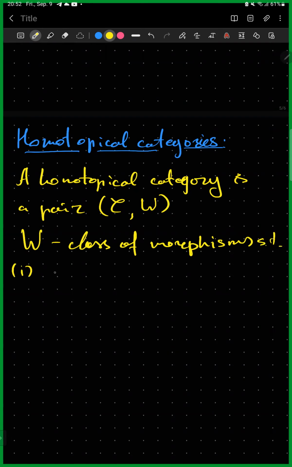Well, first of all, W should contain all identity maps.